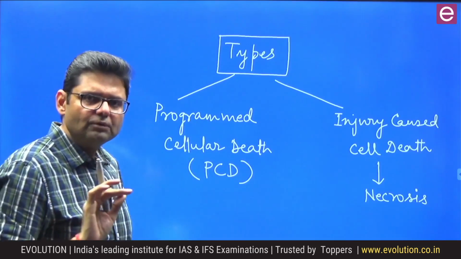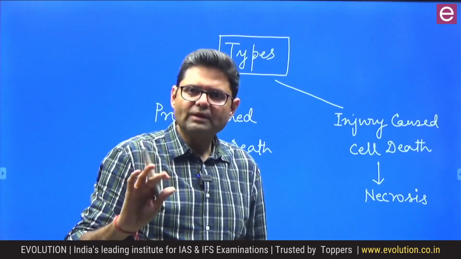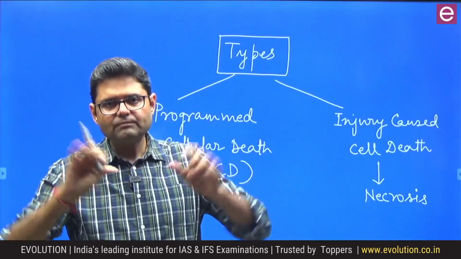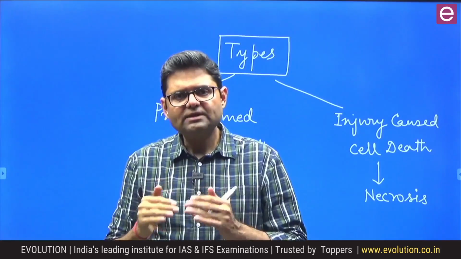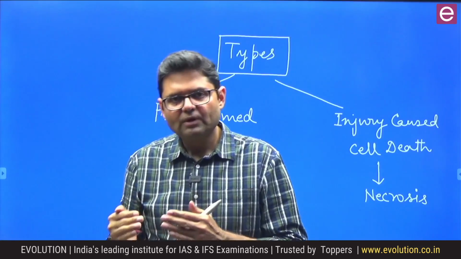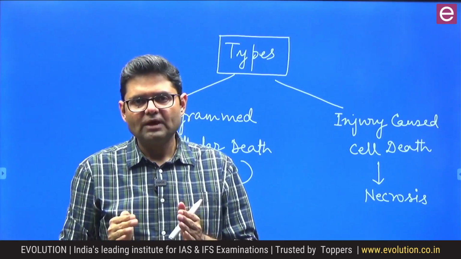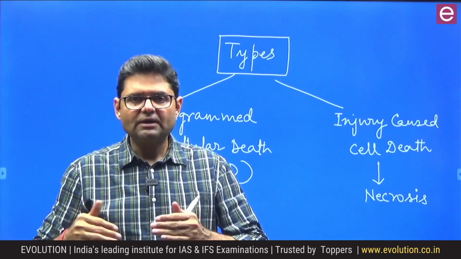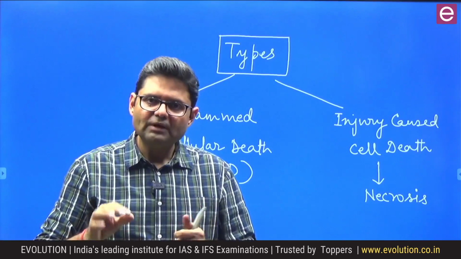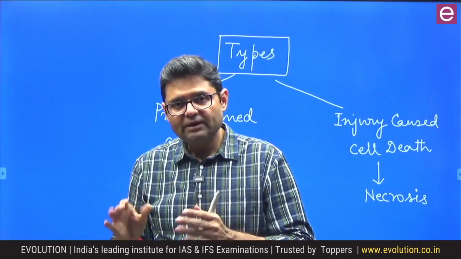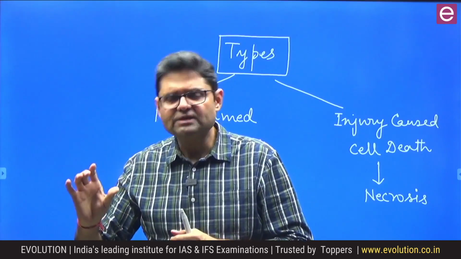You should know one thing very clearly, that PCD is the broader term and apoptosis is a type of PCD. All PCD need not be apoptosis. But in animals, the kind of PCD that you see is apoptosis. So apoptosis is a PCD with some special features.